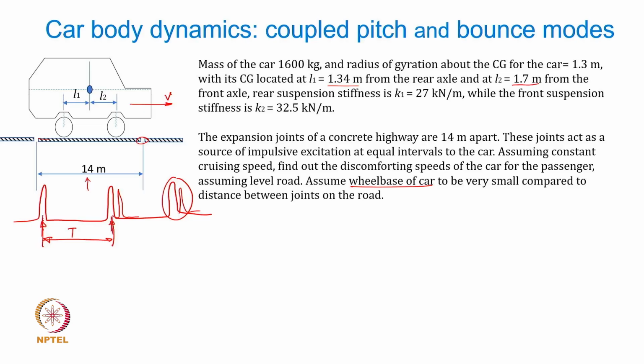Now if this period, if you translate it to an excitation frequency which is going to be 2 pi over this time period, if that matches with either of the two natural frequencies, we may expect that the car body will oscillate or vibrate with larger amplitude than otherwise. Okay, and larger amplitudes means it may be discomforting for the passenger.